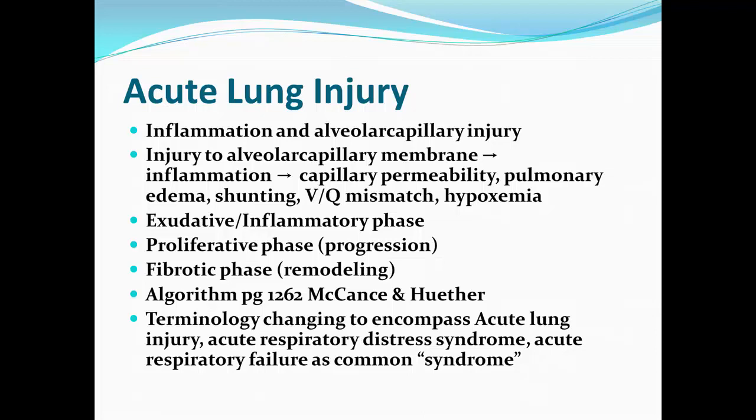We talked about processes and pathologies that can lead to fibrosis. And then we also added in pulmonary edema as well as acute lung injury, both of which, depending on the pathology, can also lead to a fibrotic state.